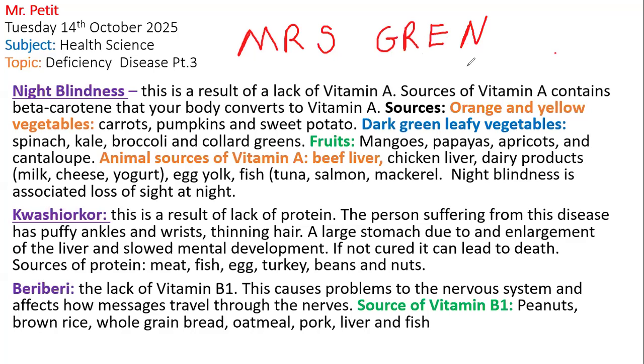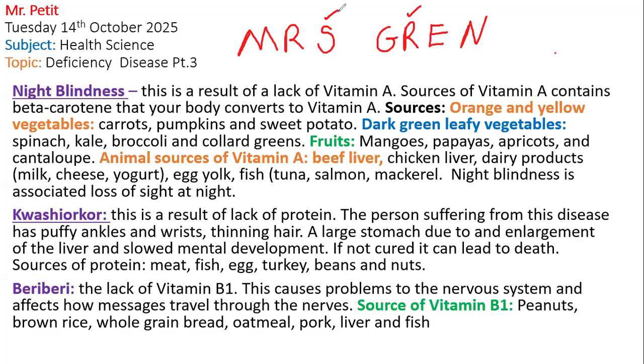The ability of an organism to make copies of itself, that is what? Reproduction. Very good. The ability to respond to stimuli, that is what? Sensitivity. Very good.